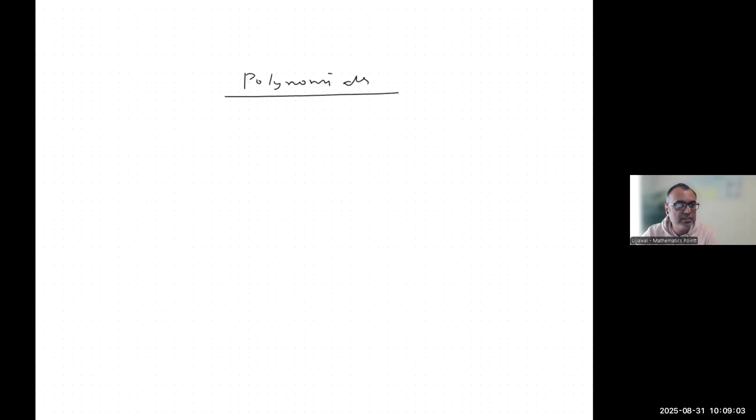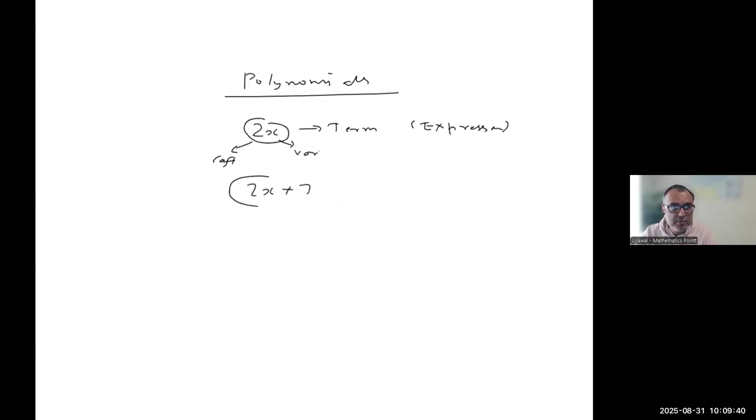So let's say I say 2x, and this algebraic term has got two parts to it, the coefficient and the variable. Now, this is a term, but then this is also an expression. Now, if I say 2x plus 7, this is an expression.